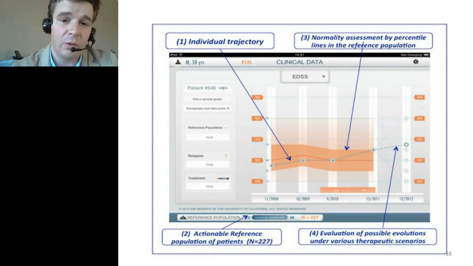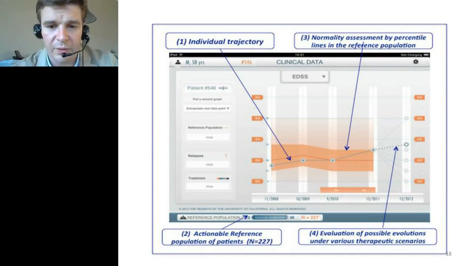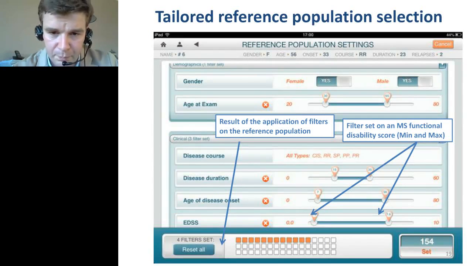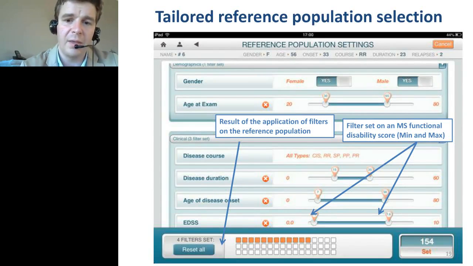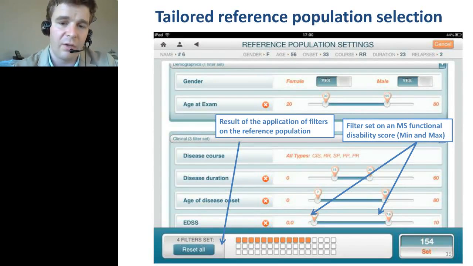It's also better to discuss what's the actual therapeutic options and their pros and their cons with the patient. So this is typically an example of our screen that enables refining the reference population. If you want to compare a female patient to only female patients, that's absolutely doable.